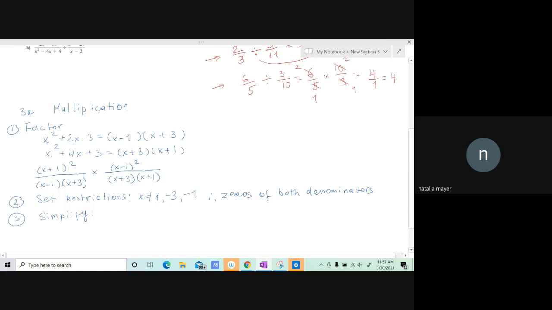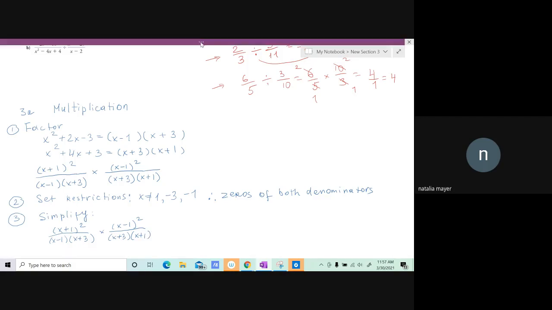Okay, I'll have to rewrite it because I really want to make the notes organized. So this is what we have. You, meanwhile, think about what we can cancel out. Times (x minus 1) squared over (x plus 3) times (x plus 1).